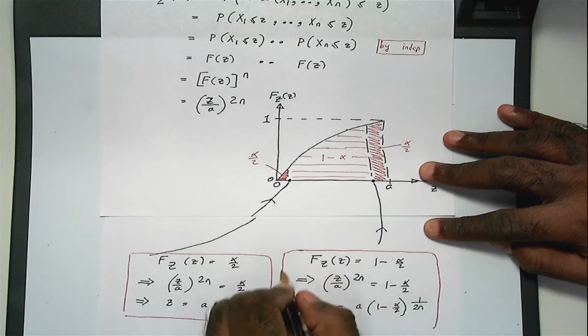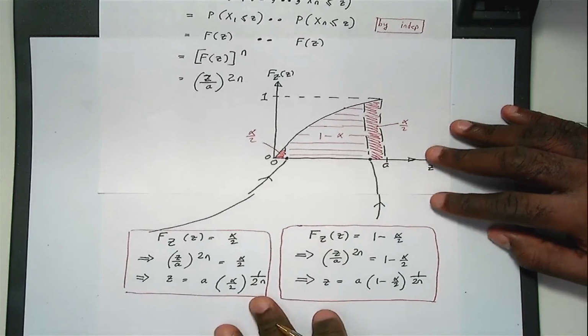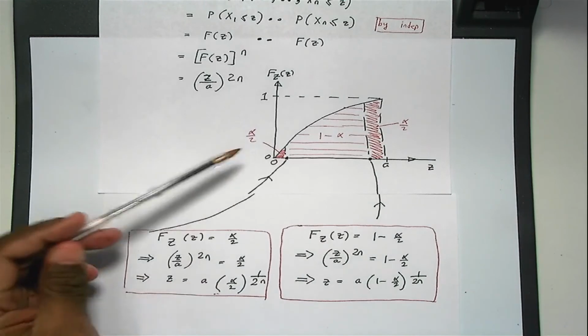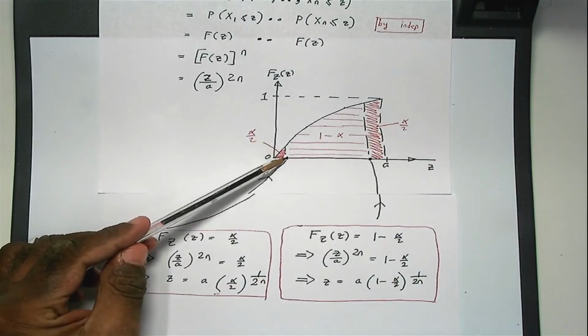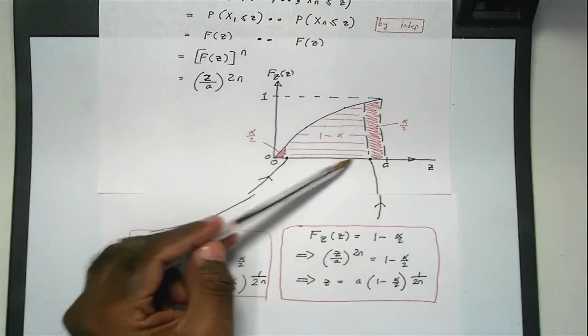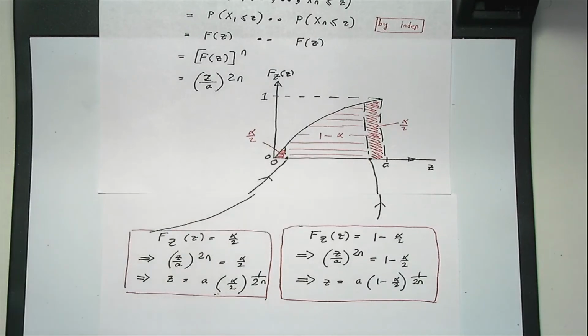So we have figured out the coordinates of the 2 points along the horizontal axis. This is the coordinate of this, and this is the coordinate of this. So the area between these 2 coordinates is 1 minus alpha, right? So let me write that down.